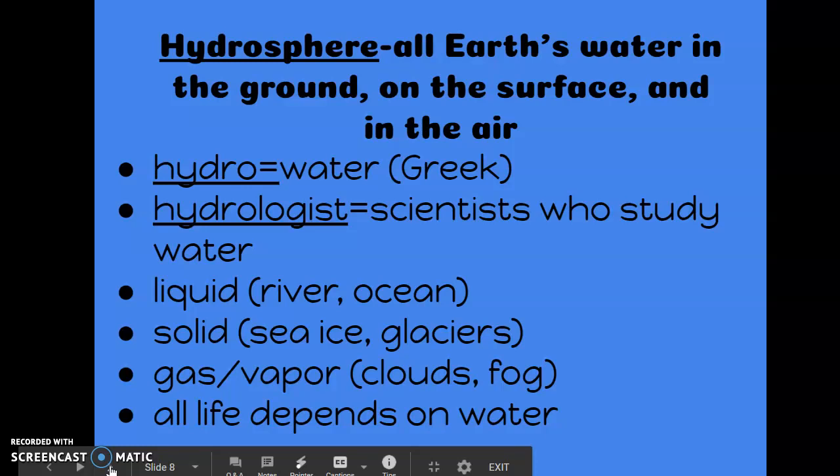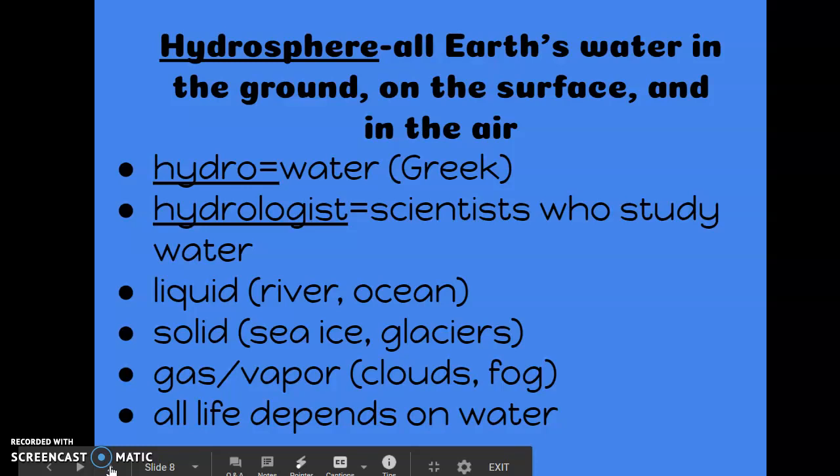And then thinking about gas or vapor, it probably would make sense that clouds and fog are examples of hydrosphere in that form, in that state of matter. So the hydrosphere is a huge portion of our Earth, right? And it can come in liquid, solid, gas, or vapor.